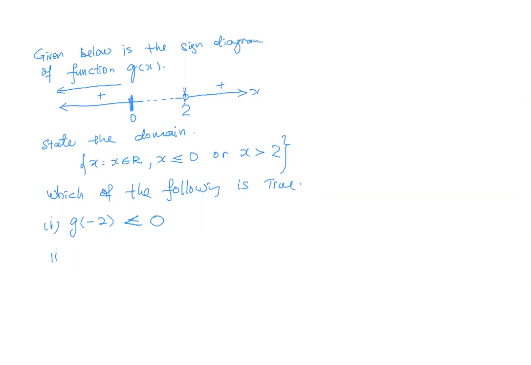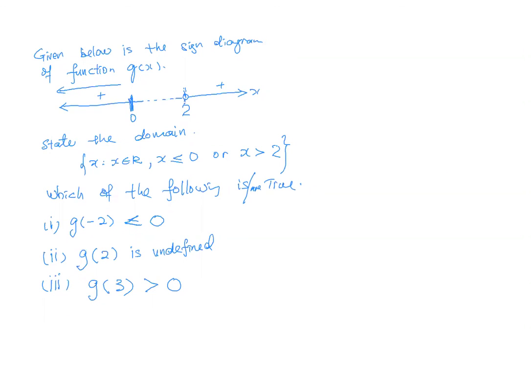Number 2, g(2) is undefined. Number 3, g(3) is greater than 0. Which of the following is or are true?